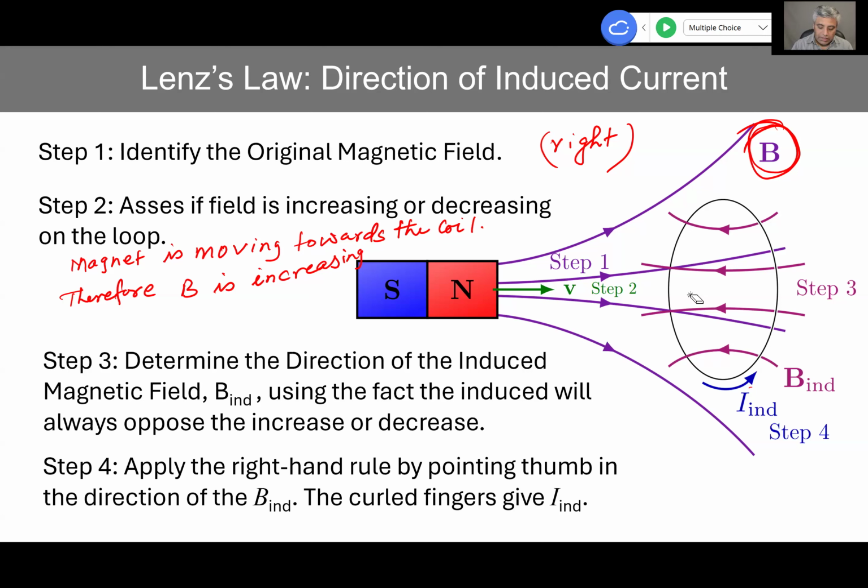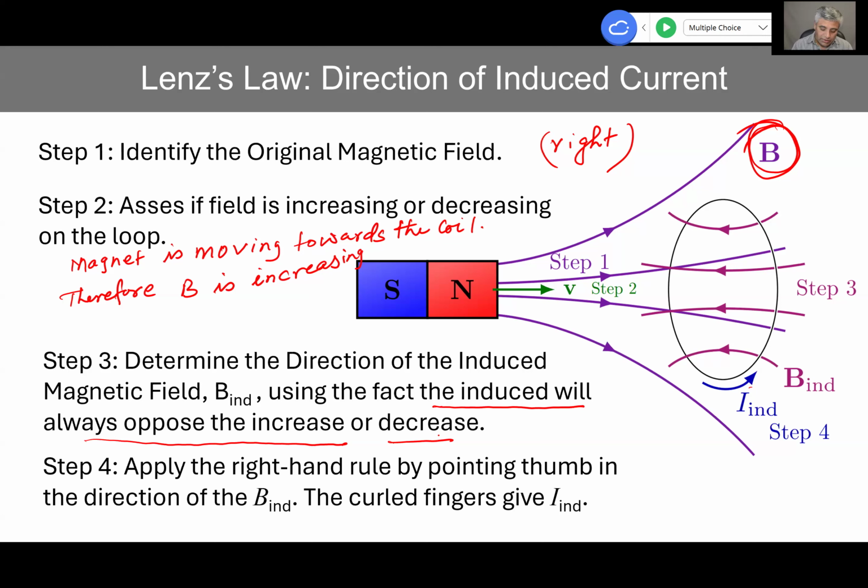Now, determine the direction of the induced magnetic field using the fact that induced will always oppose the increase or decrease. Okay, so this is the crucial. 3rd and 4th are the main steps here. Okay, 1 and 2, you just look at the magnet and which way it's going. You can tell that easily. 3 and 4, we have to think a little bit more.